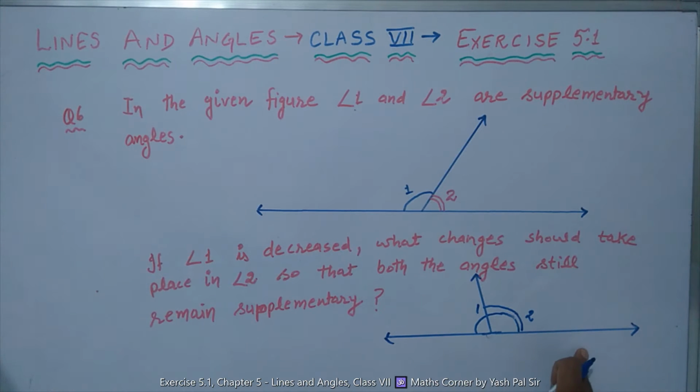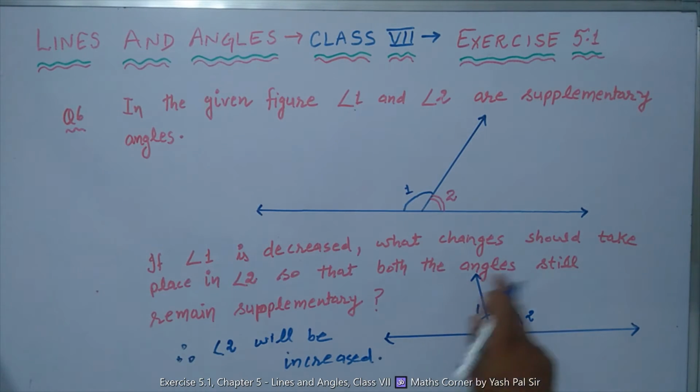Why on the same line? Because on the same line the sum of two angles is equal to 180 degrees. That means they will remain supplementary angles. So what is the solution? If angle 1 is decreased, then angle 2 will be increased, so that the two angles remain supplementary angles.